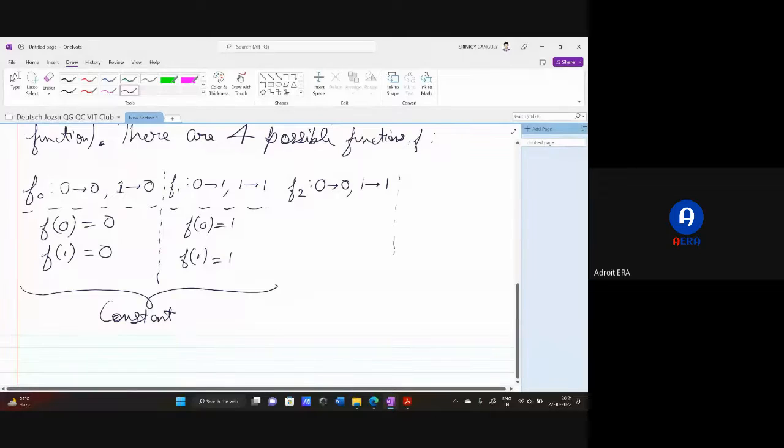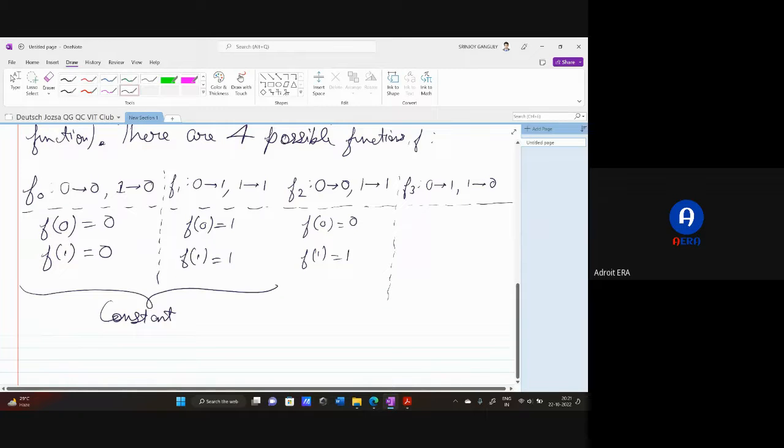Similarly, the last condition, and you can already guess it, which will be the opposite of F2, that will be F3, which is 0 gives you 1 and 1 gives you 0. So 1 input gives you 0 output and 0 input gives you 1 output. In clearer terms, we have f of 0 is equal to 0 and f of 1 is equal to 1.